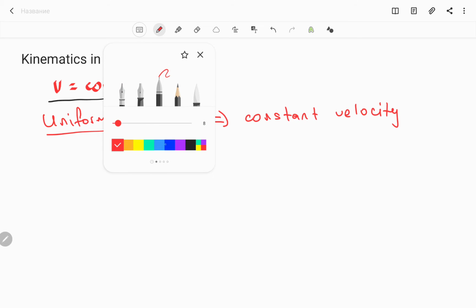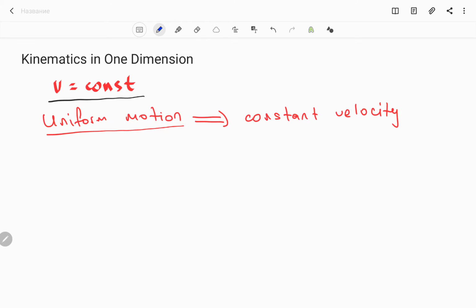We can explain it in terms of diagrams, as you remember from my previous lesson. If you have a motion with constant velocity, it means the size of the arrows will be the same. For example, this is the first frame, second frame. The size of the arrow should be the same because we are talking about uniform motion.